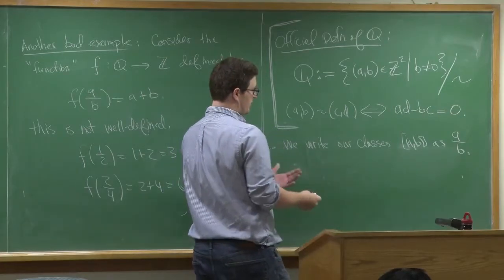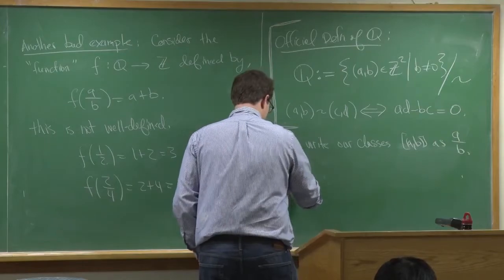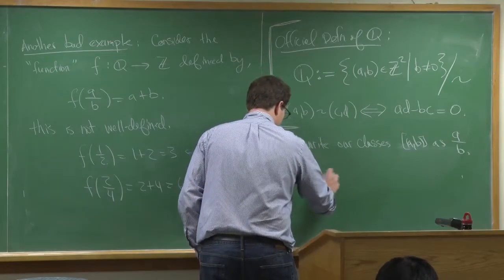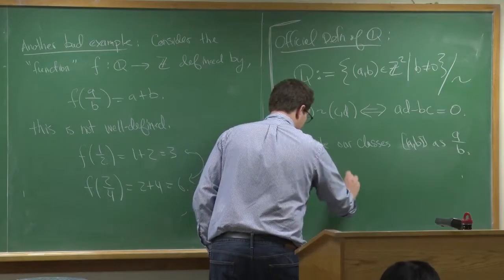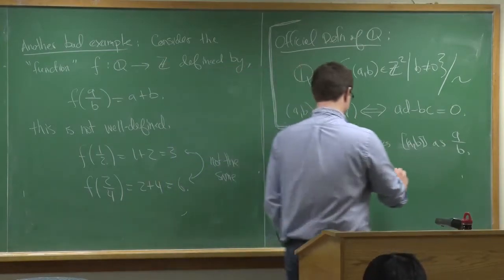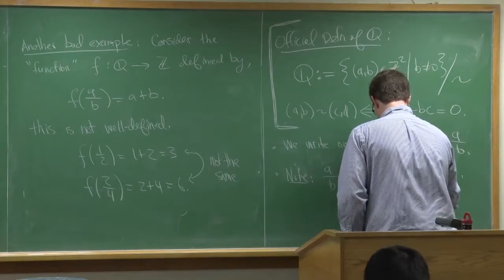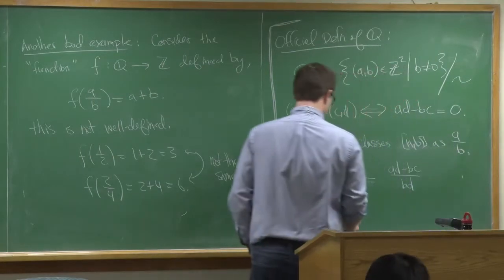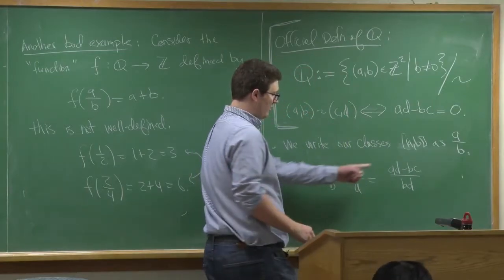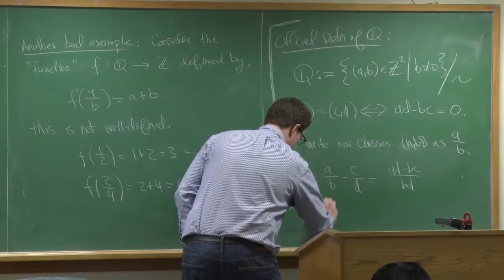You know, we say that two fractions are equal to each other, like this one and this one. And so note that a over b minus c over d is equal to (ad minus bc) over bd. And so these two things are equal only if, so a over b is equal to c over d.